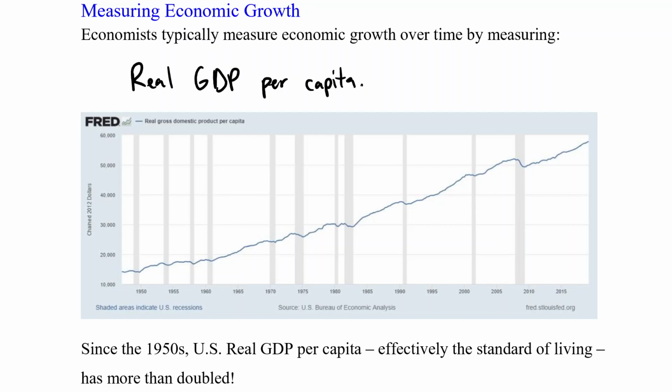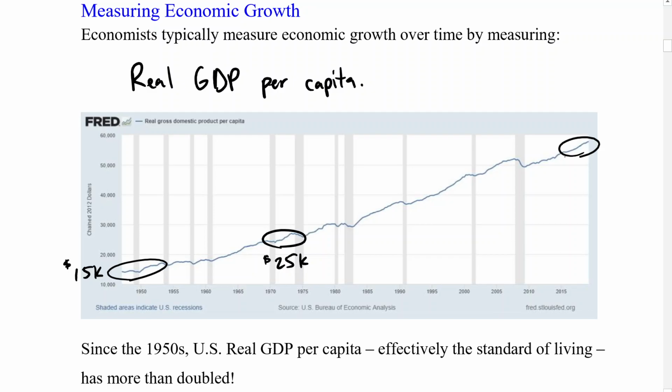So again, back in the 50s, we were down around 15,000 US dollars per year as the real GDP per capita. Essentially, you can think of that as basically average incomes in the country. Here in the 70s, we're at about 25K.